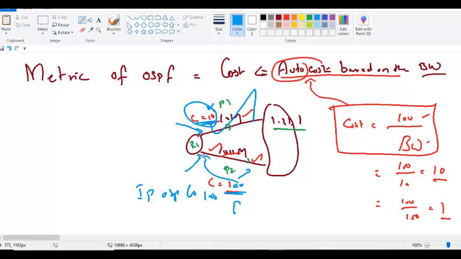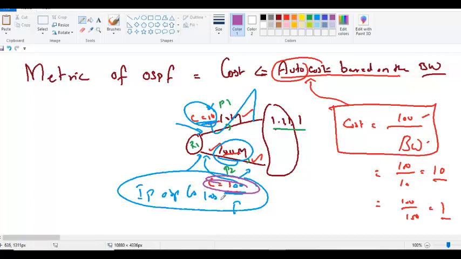Because owner is telling, no, the cost is 100, don't use this. So router 1 says, fine, I'll use this one. Even though the bandwidth is less, it uses this because the cost is low. What I'm trying to say is, if you will set cost, it will override the auto cost.